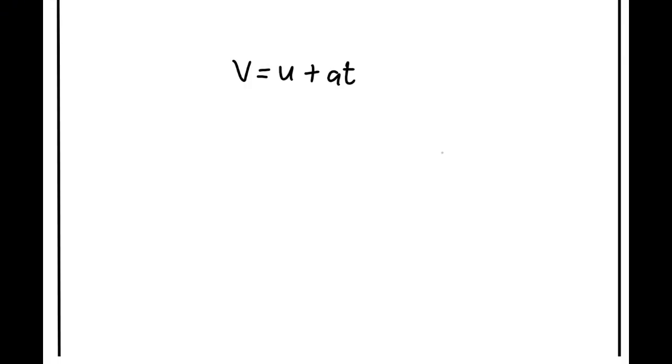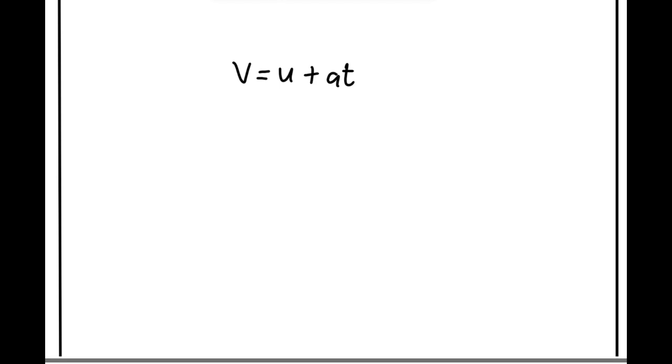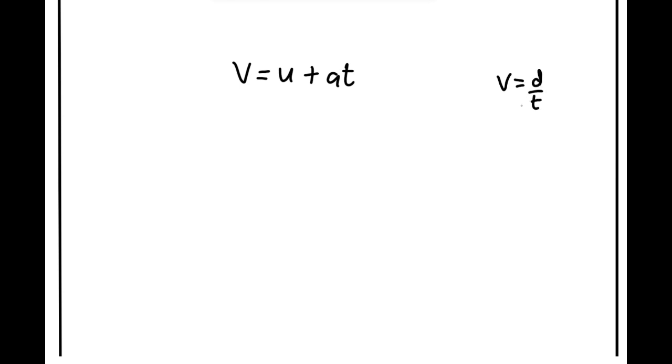So we want to check whether the equation V equals U plus AT is valid using the law of homogeneity. What are the dimensions of velocity? We know that velocity is equal to displacement over time. Displacement being length, so we replace it with L, and t being time, so we replace it with t.